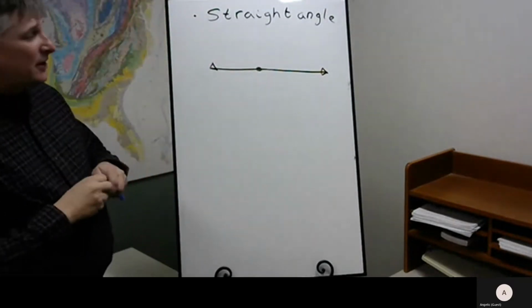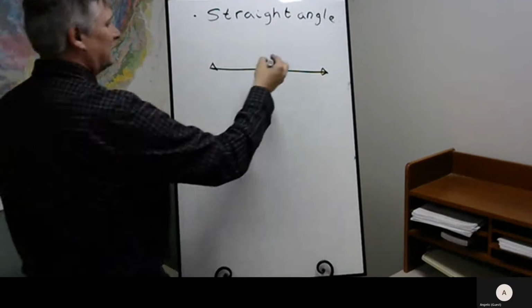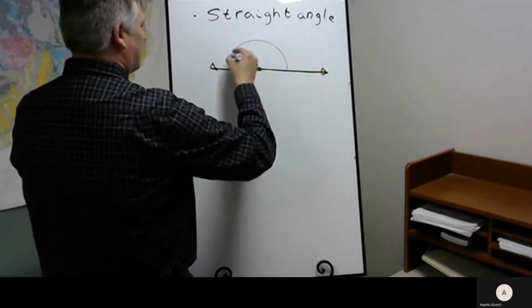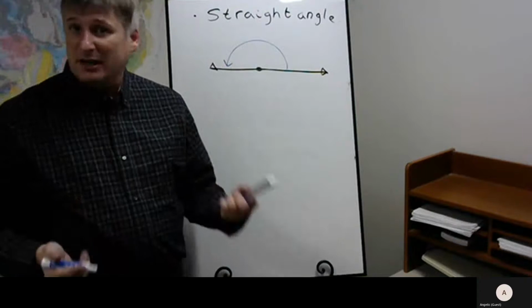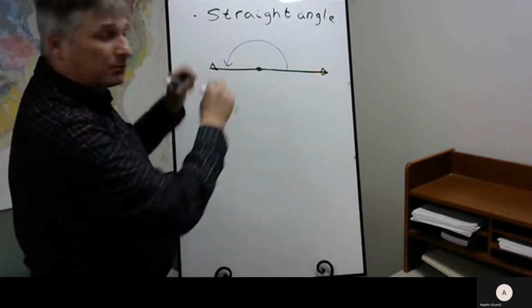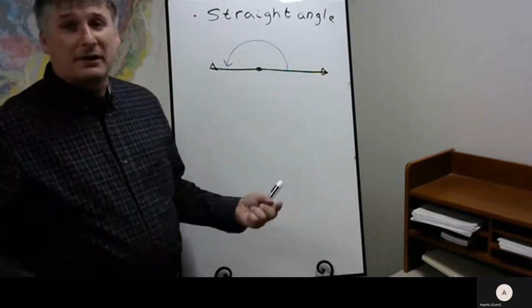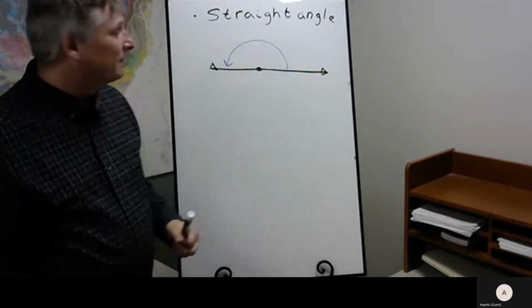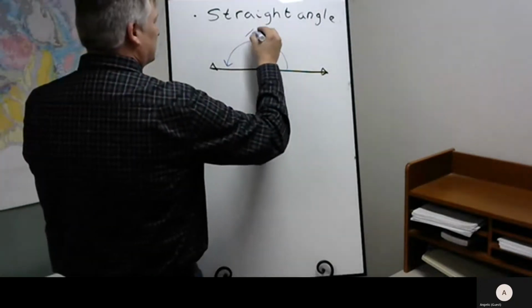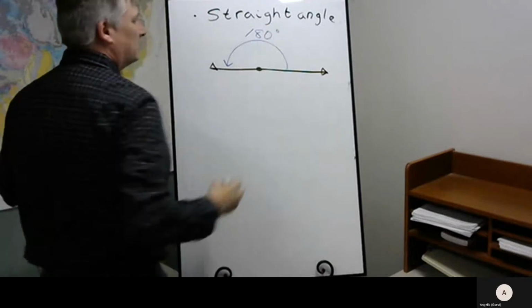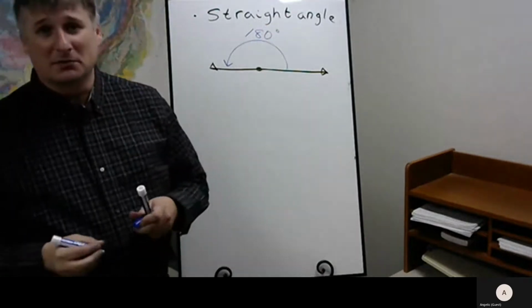And the measure of this angle, we use this sort of arc. It's how we represent angles other than the 90 degree. On 90 degree, we use that little bracket. But for all the other angles, we use something like an arc. This perfectly flat angle, the straight angle, measures 180 degrees.